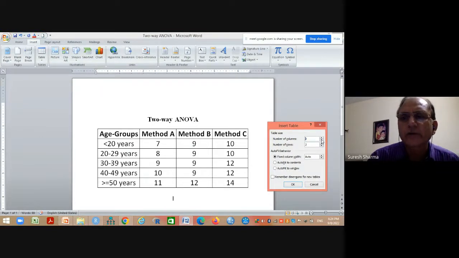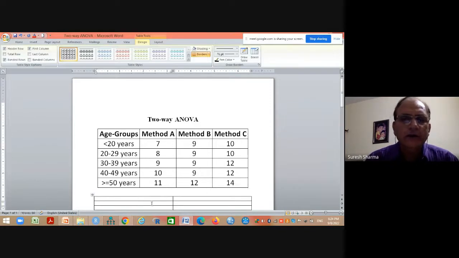Columns I require only 2. And rows, I require 15, because it's 3 into 5. P into Q is 15. So 2 columns, and this is how I need to feed the data.